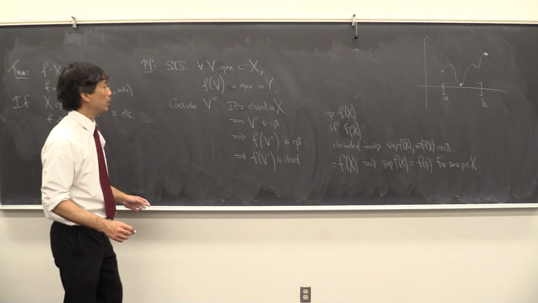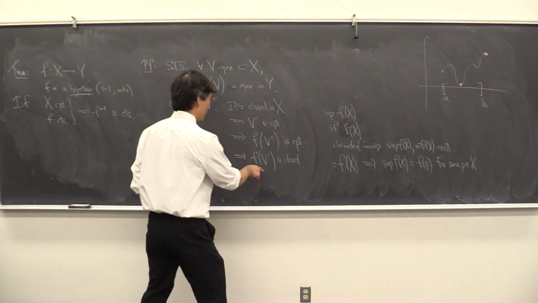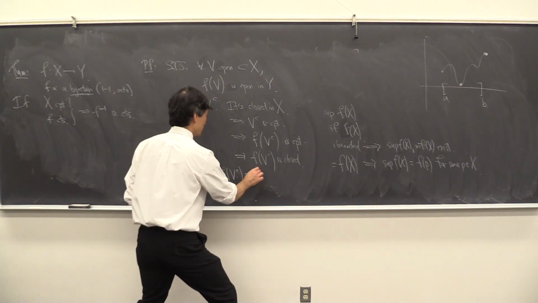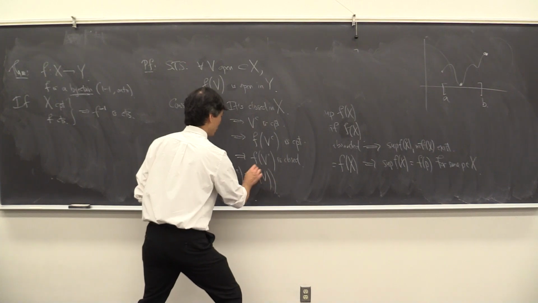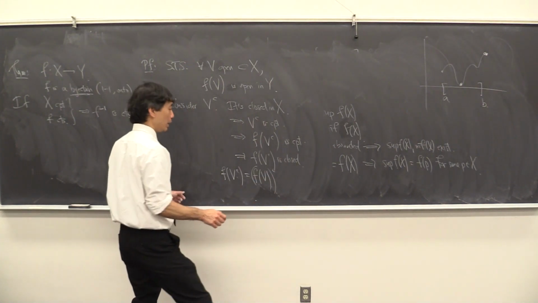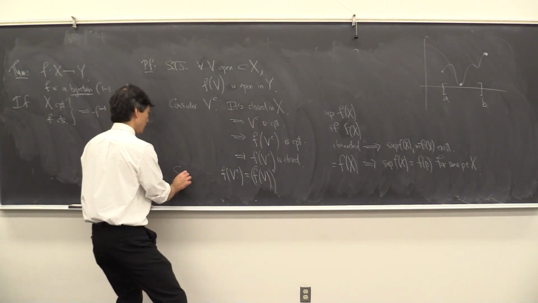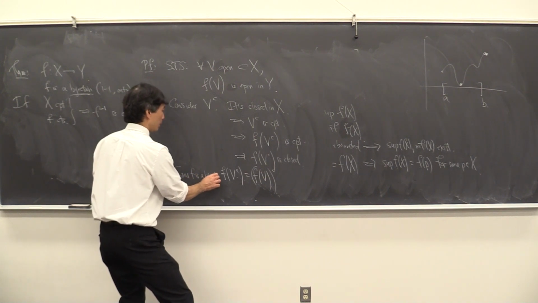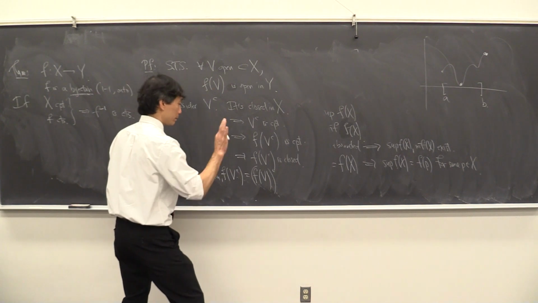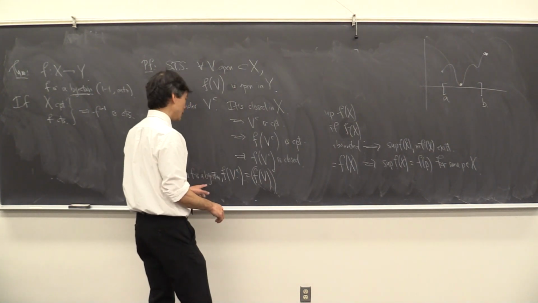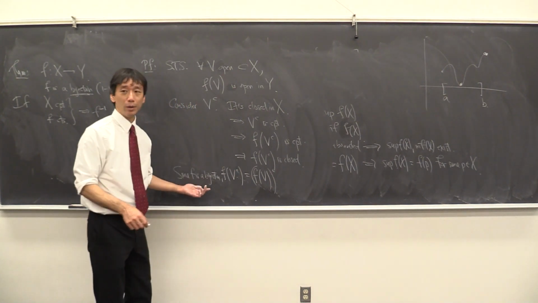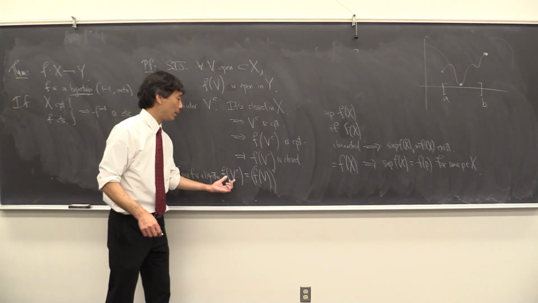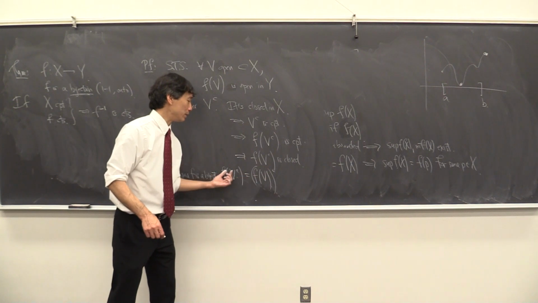Okay. So what does that tell you? Well, the image of V complement is the same thing as the complement of f of V, since f is a bijection. I think this is a homework problem. Since f is a bijection, the complement of the image is the image of the complement.